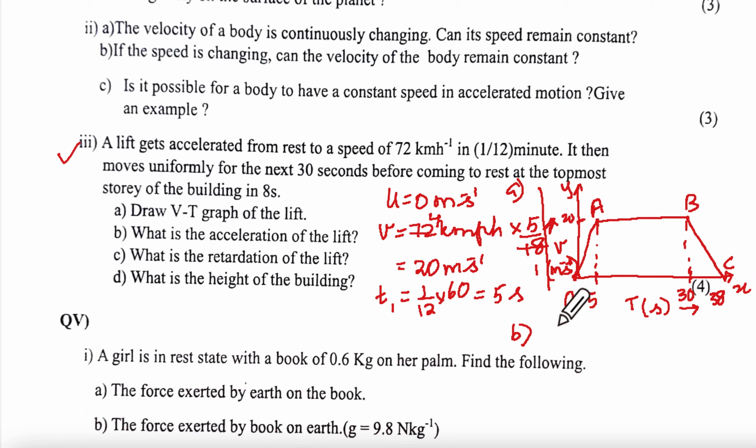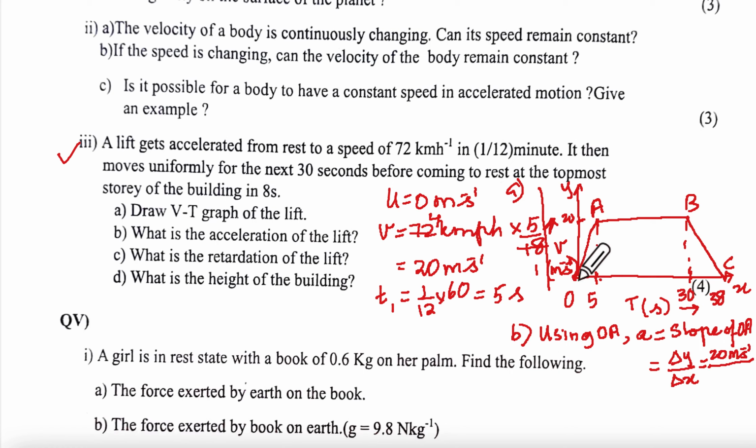For the A part, acceleration, what you'll say, using OA, acceleration will be equal to the slope of OA. What is the slope of OA? Delta y upon delta x, correct? What is slope defined as? Delta y upon delta x. How much is delta y from here to here? It is 20 meter per second.